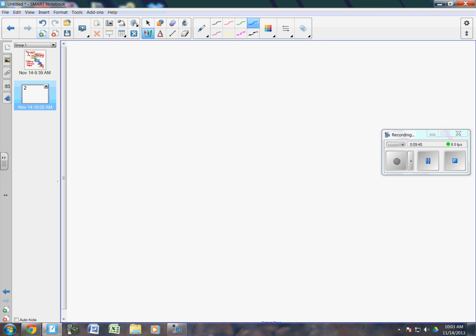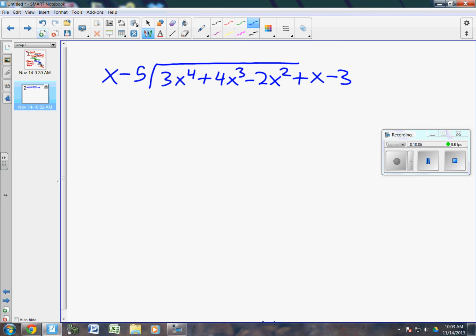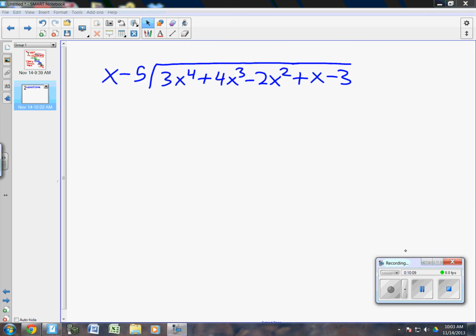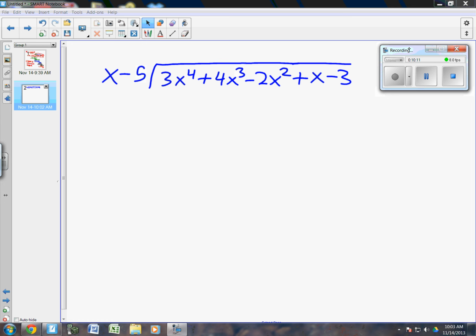Let's do number 3. So I'm going to have x minus 5 divided into 3x to the 4th plus 4x cubed minus 2x squared plus x minus 3. Okay.